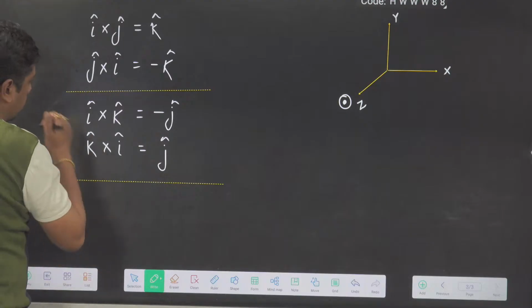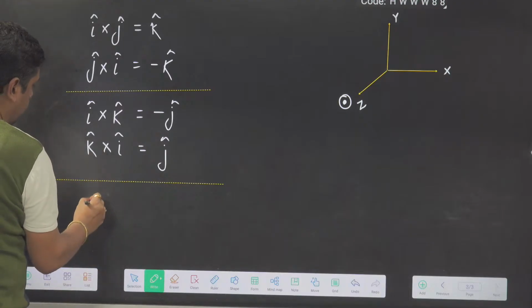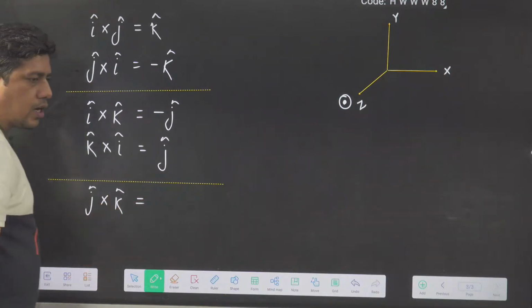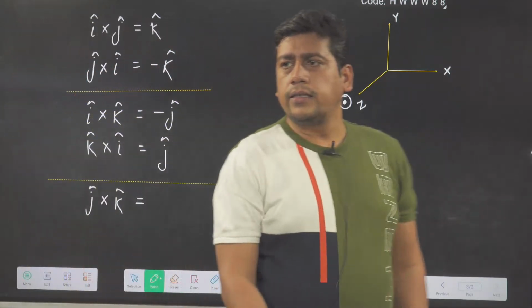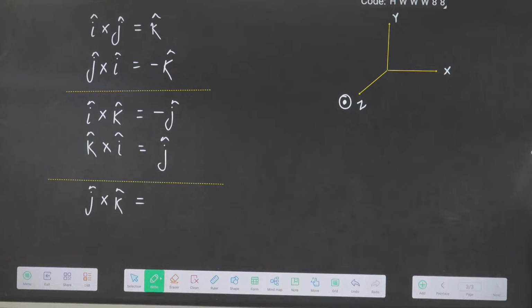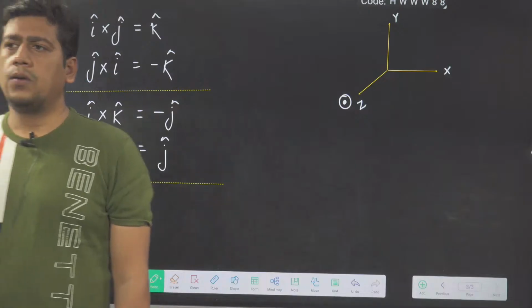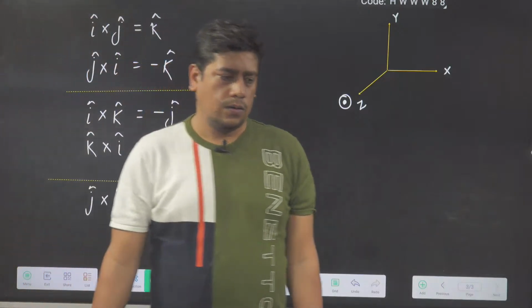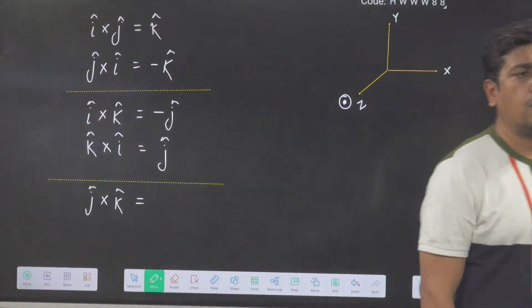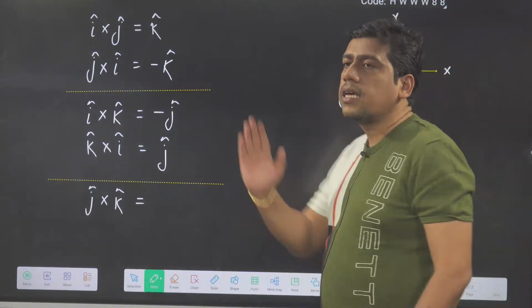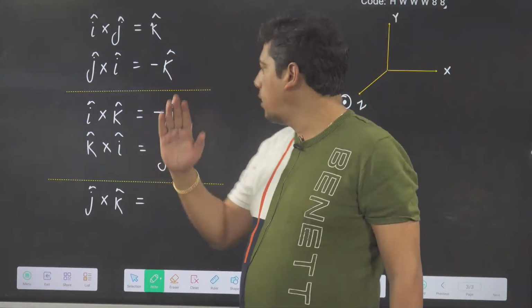Then we have J cross K. J cross K, come on, help me. Practice it. J cross K. J is up, so arm will be up.